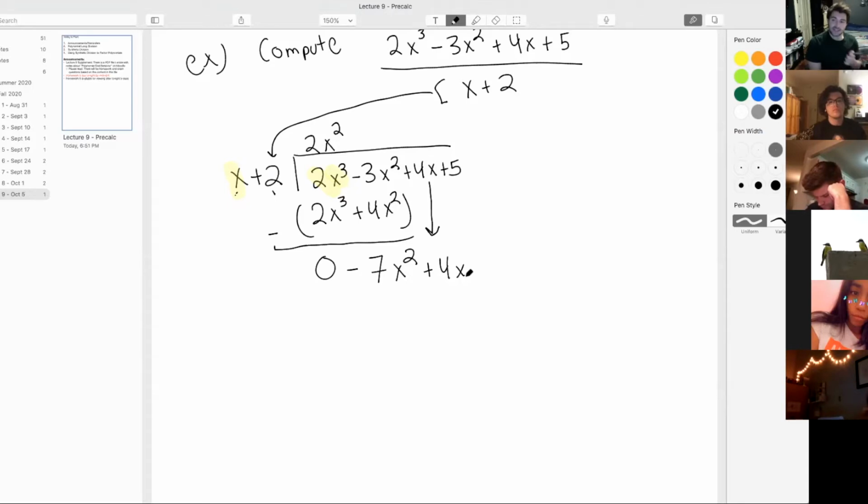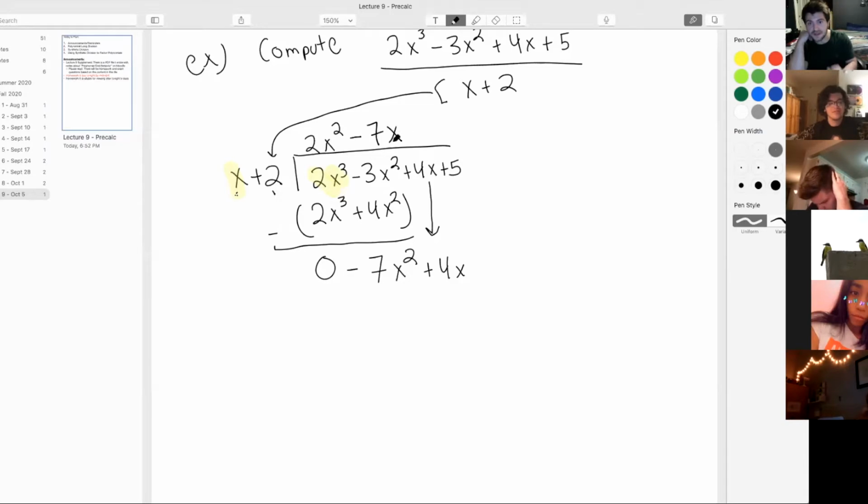And now we just continue. We do the same steps that we did right here. We just continue the algorithm. So now you ask yourself, x multiplied by what will give me negative 7x squared? X multiplied by what polynomial will give me this negative 7x squared? Well, I think negative 7x does the job there.